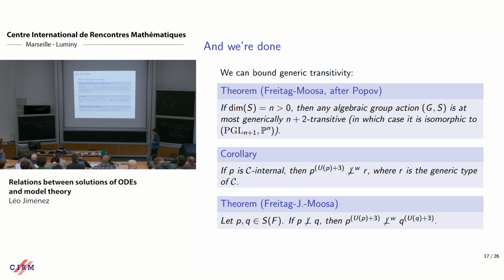And from that you get the theorem. We did all these reductions to this situation exactly, and so now I know that if I have any types P and Q over F, if P and Q are non-orthogonal, then these powers of them are not weakly orthogonal. So that's the sketch of the proof of that result.